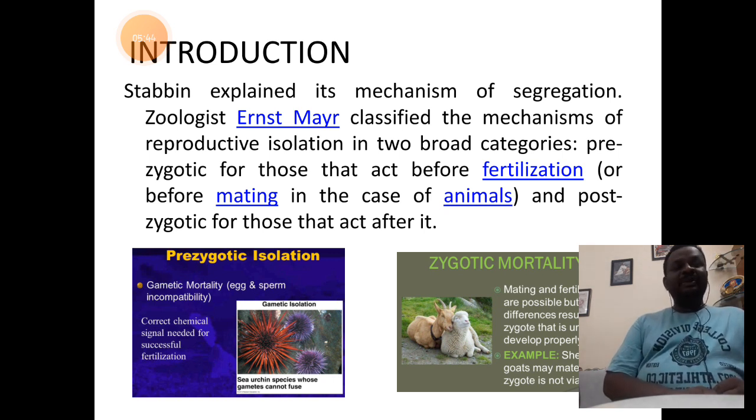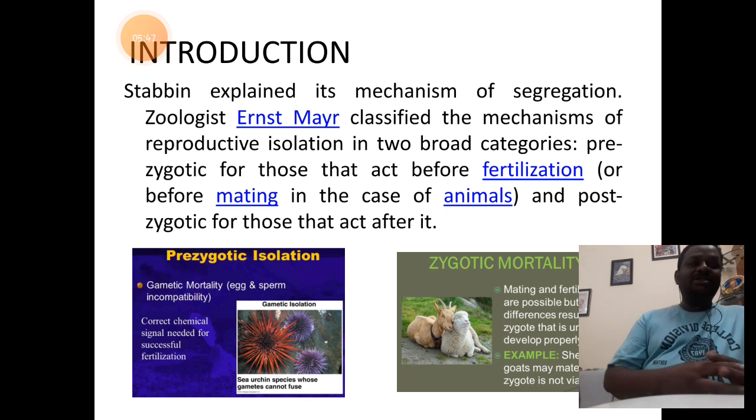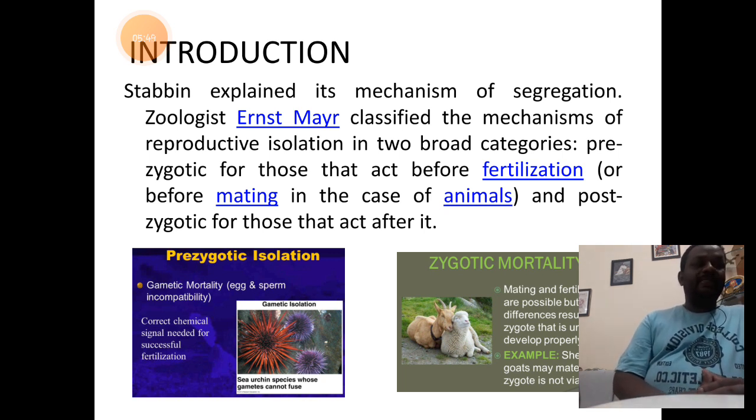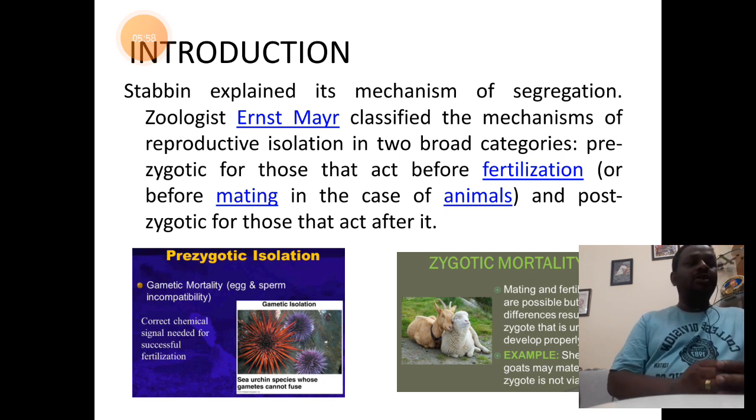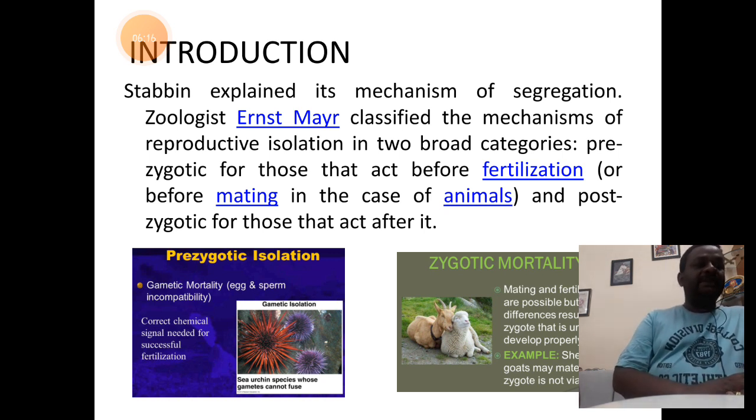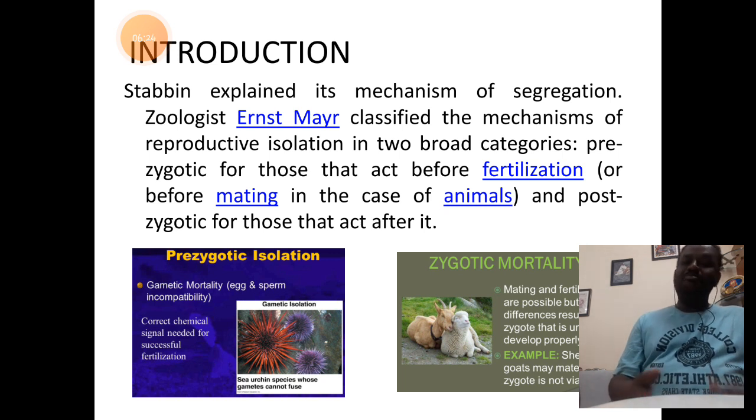Students, remember, pre-zygotic isolation mechanisms occur before the process of fertilization or mating, and hence are also called pre-mating isolation. So pre-zygotic or pre-mating isolation is one type. The second type is post-mating or zygotic reproductive isolation mechanisms. These are seen generally after the process of zygote formation or after the process of mating itself.